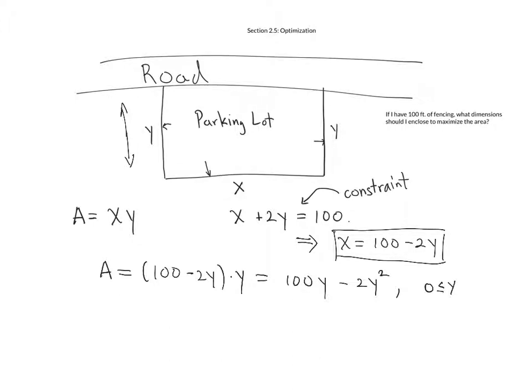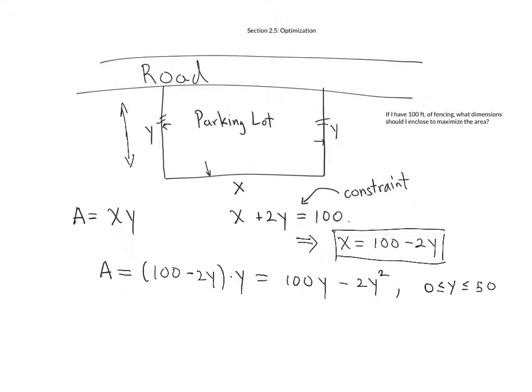And the other extreme is if x is 0, and if x is 0, then of course you have no surface area, but in that case you have to use all of the fence for this part and this part of the parking lot, and so each part must contribute to give you 100, and so the other limit is actually y is equal to 50.